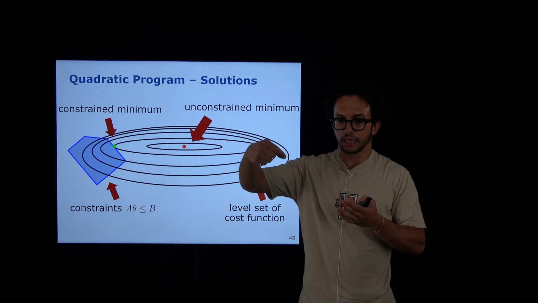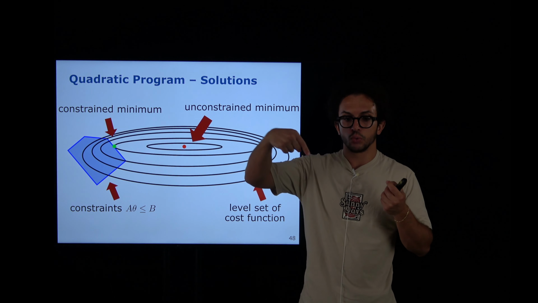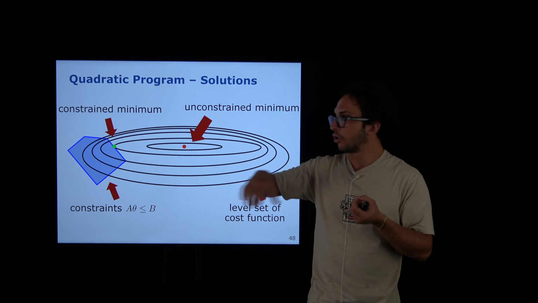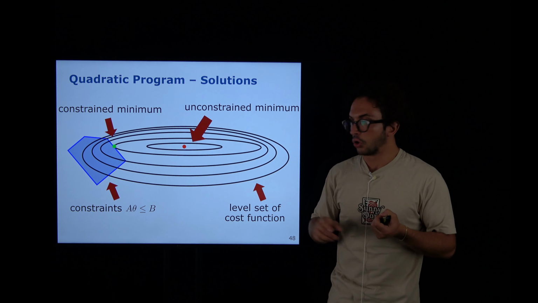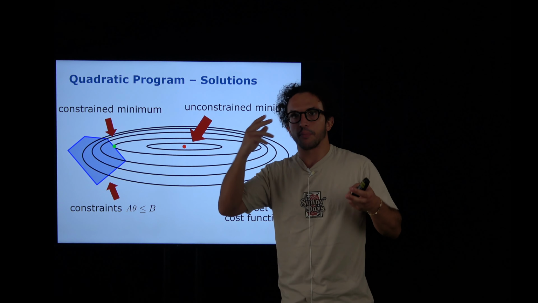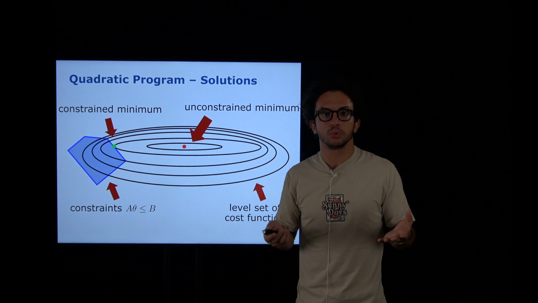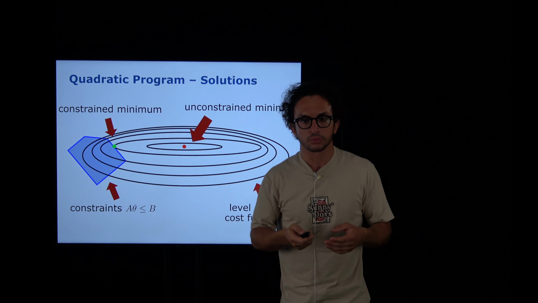There is a unique point which is the closest of all the admissible points to the unconstrained minimum. That one is the constrained minimum, the best solution that we can reach.